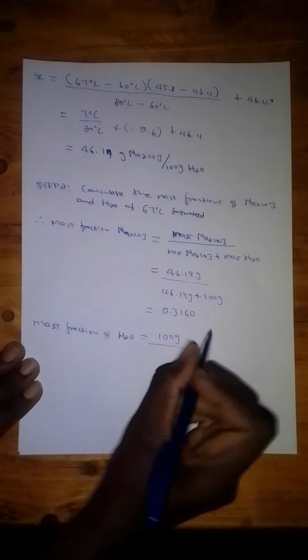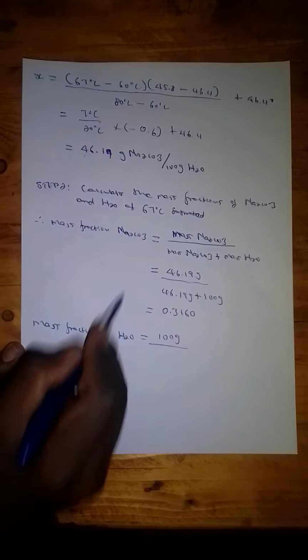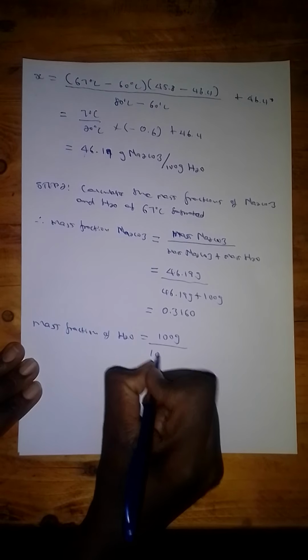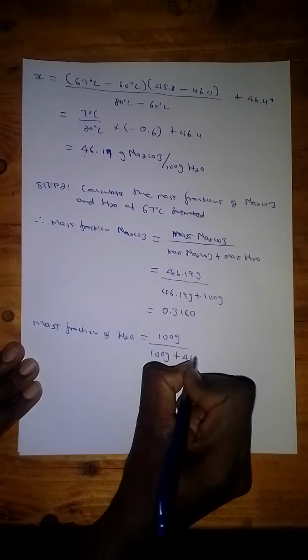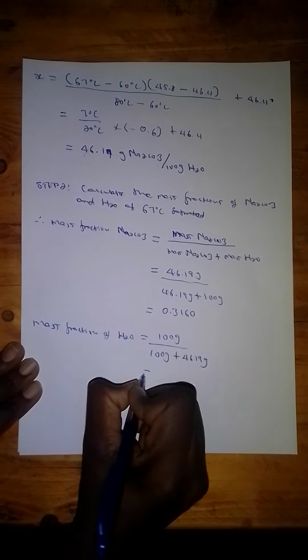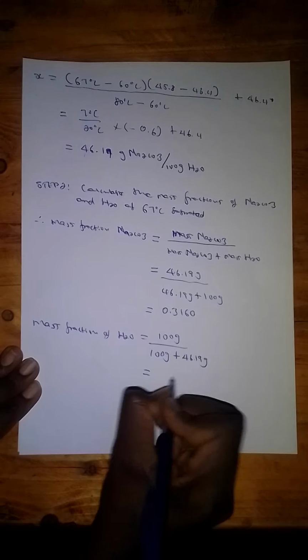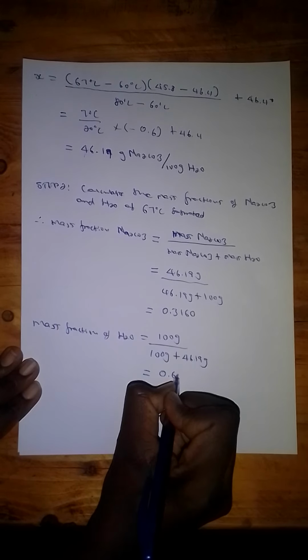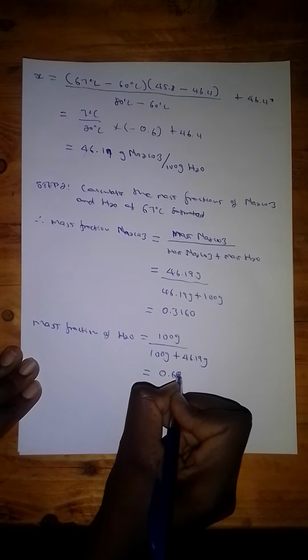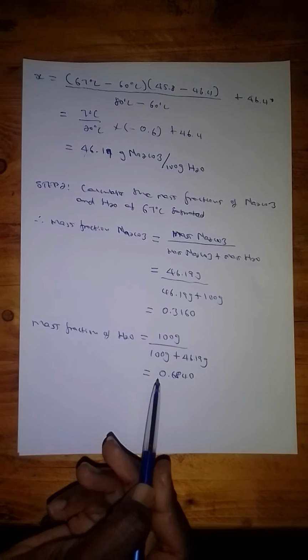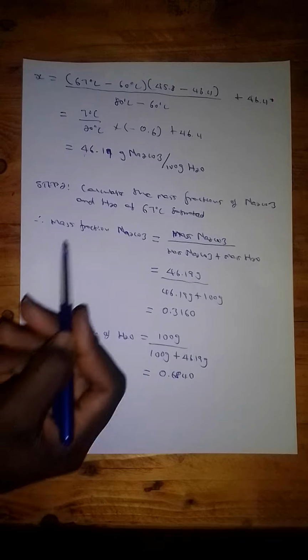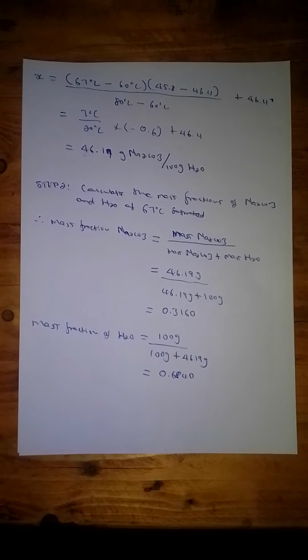So it's 100, which is the mass of H2O, all over the total mass, 100 plus 46.19 grams. And if you use a calculator, it gives you 0.6840. So now we have the mass fractions of both, and this is our step 2.